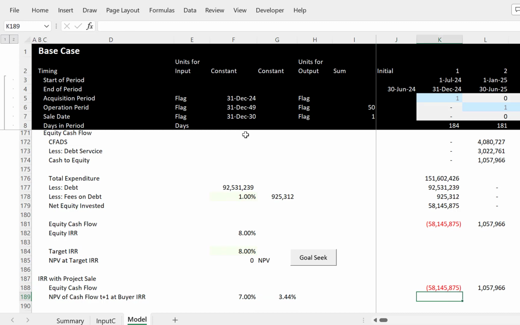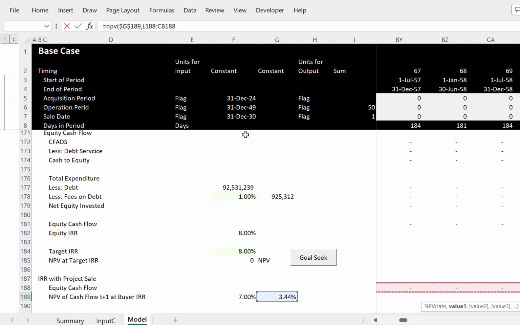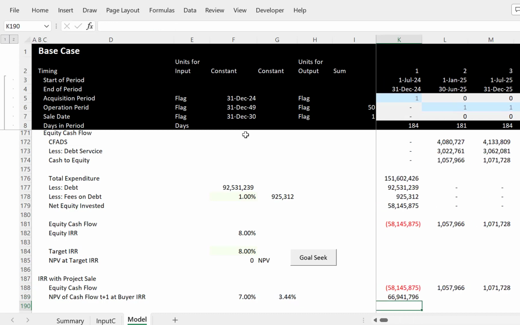It's so much better to do that NPV, and you don't take this one, you take this one. That's what the value will be if you sell it right at the end, and of course use the discount rate, and then go up and go one further like that. And then if you do it like that, you don't have to do this F4 business.